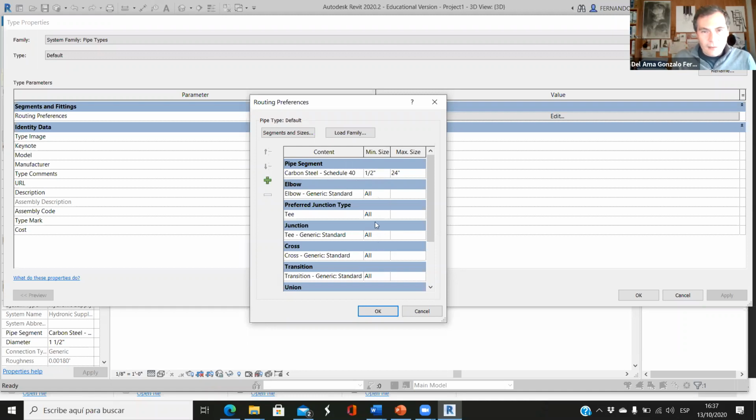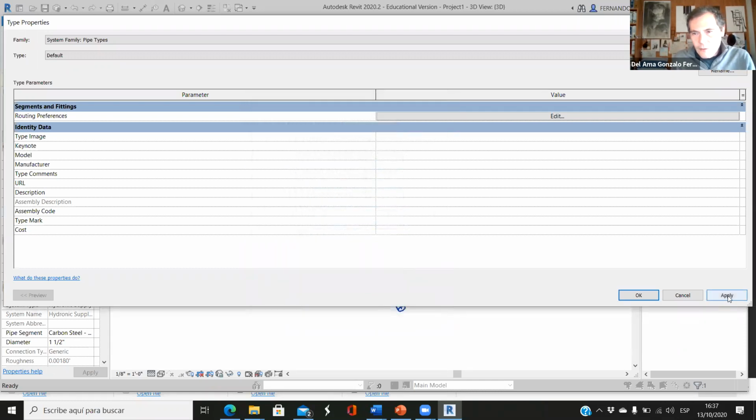In my version, it's not. I don't know why. But I'm sure that if you go to the TDS center, you will have these options with a generic standard. So we click OK. We have to apply. Apply, yes.